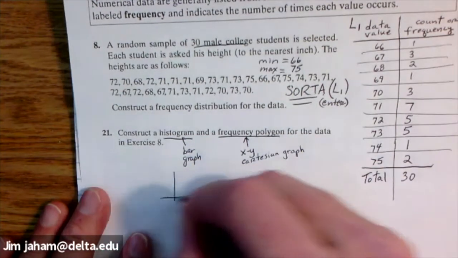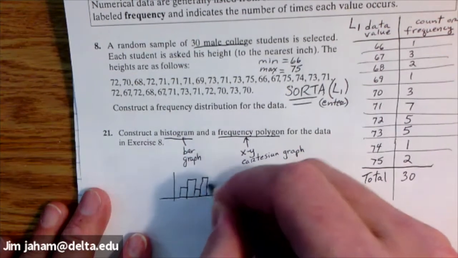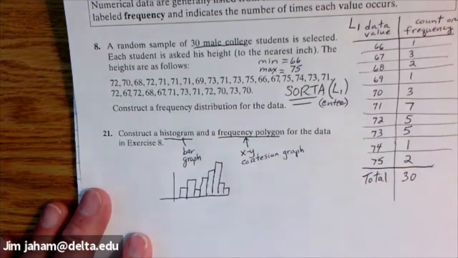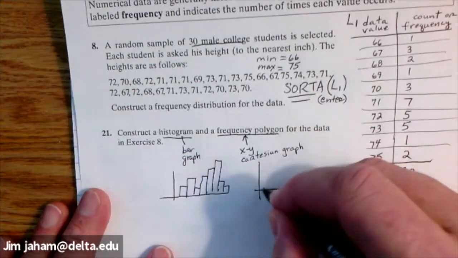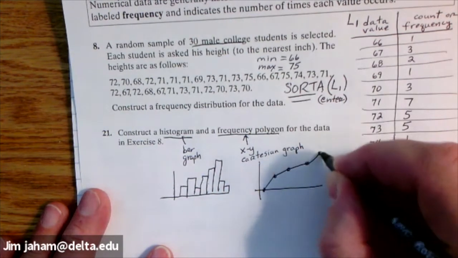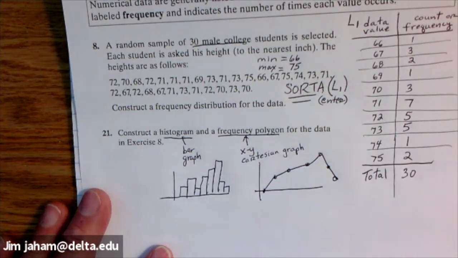So for a histogram, the general shape is going to look like this. Something like that, a bar graph. And the frequency polygon will look something like this. Connect the dots.